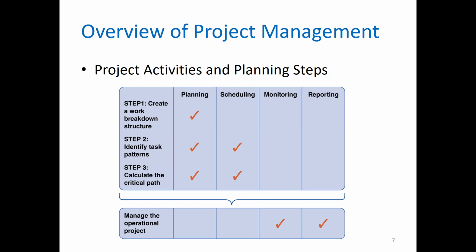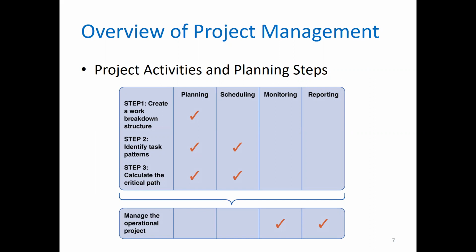Step 2: you identify task patterns. We'll later on look at the 3 types of task patterns, but just generally at the moment, what are some of the task patterns? This is generally done in the planning and scheduling phase. Step 3: you calculate the critical path.